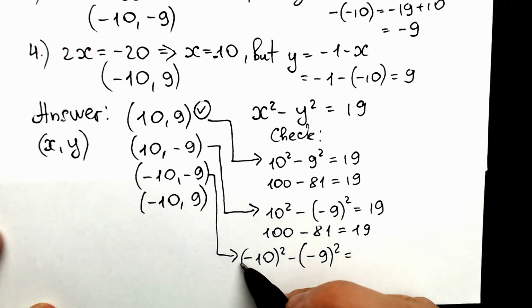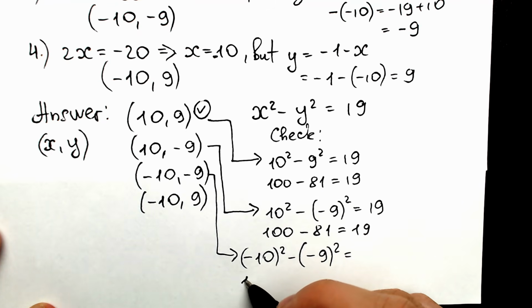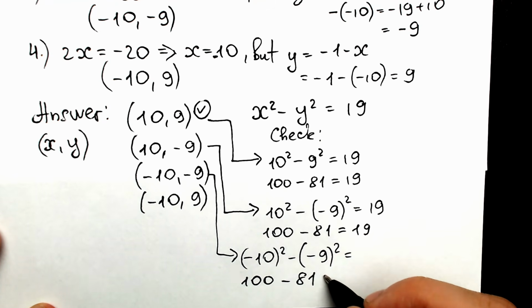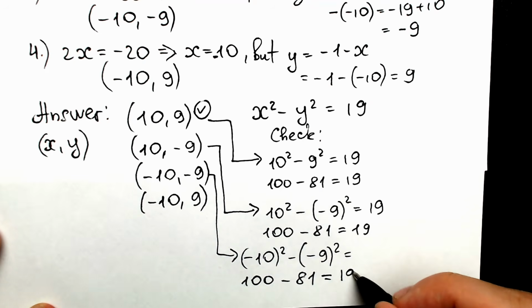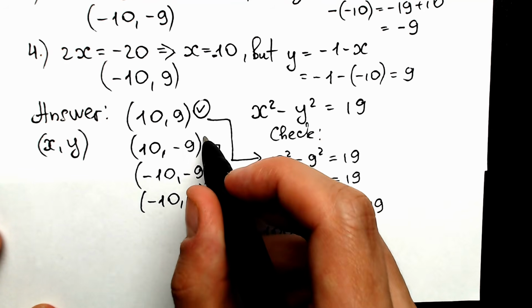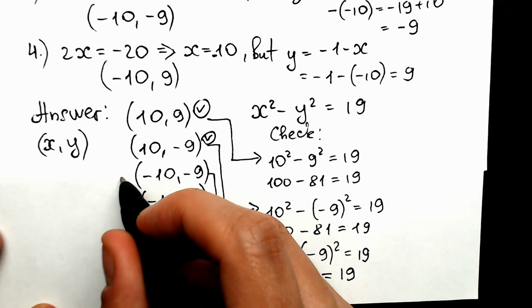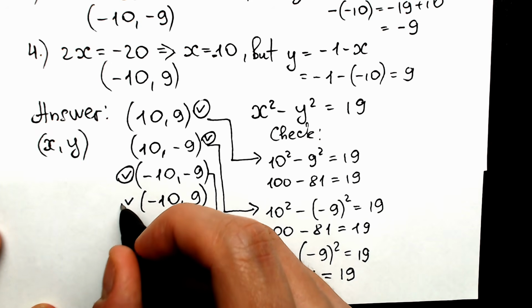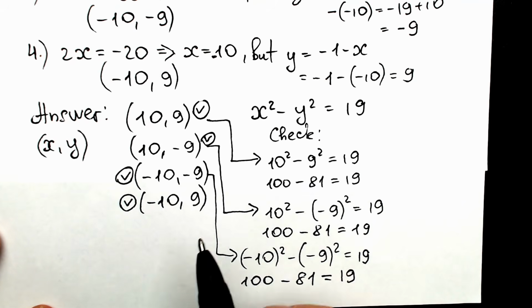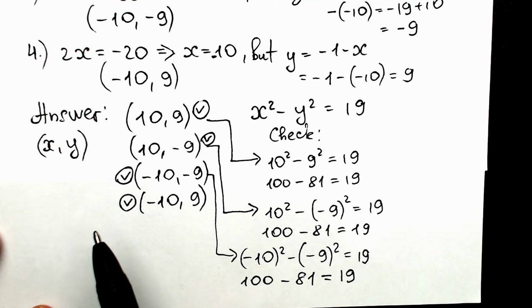Minus 10 square equal to 100 minus 9 square equal to 81. So as a result, we have the same 19 all the time. So our pairs are absolutely correct. So we can underline, we accept all these pairs. So we have four pairs.